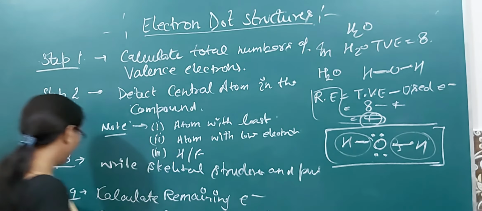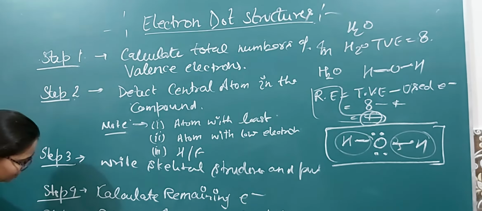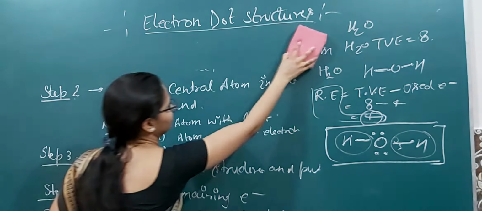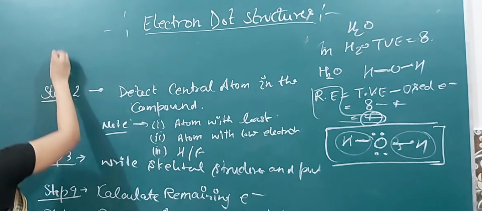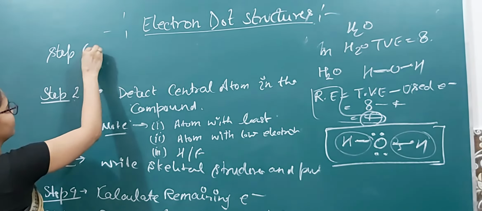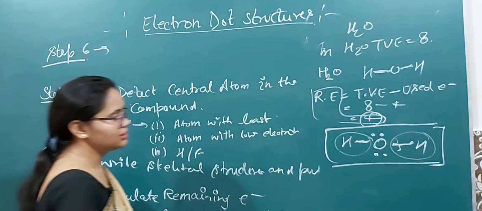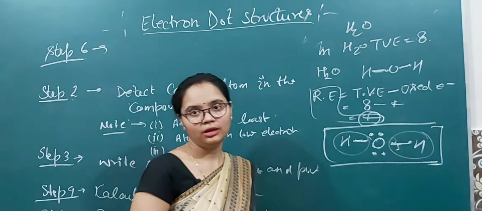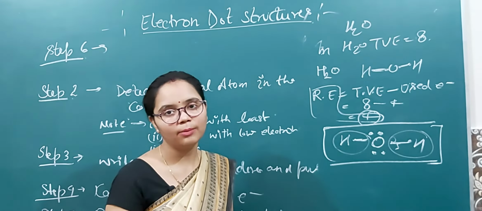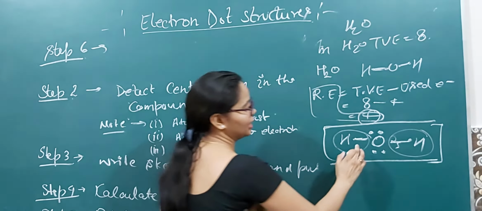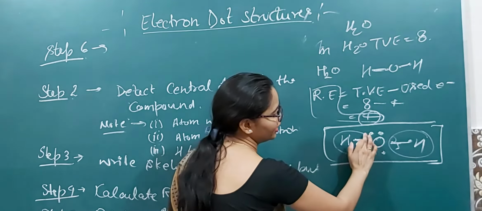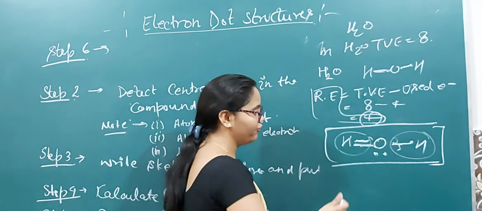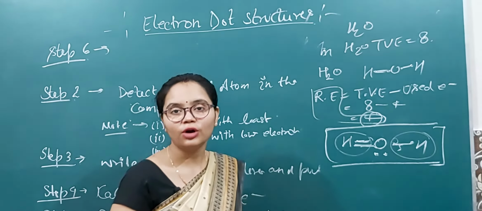But one more step is there which is not used in this example. Step 6 is that we can use these lone pairs of electrons for the formation of multiple bonds. Suppose a double bond is required here, then we can use these 2 electrons and put a multiple bond here, if the octet of the atom is not completed.